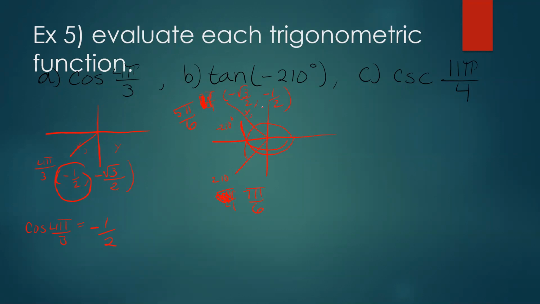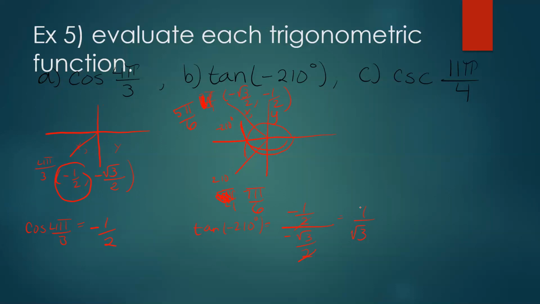Remember, this is your x and this is your y. So tan of negative 210 degrees is going to be y over x. That's 1 over 2 divided by negative radical 3 over 2. The 2's cancel, and that's 1 over radical 3.